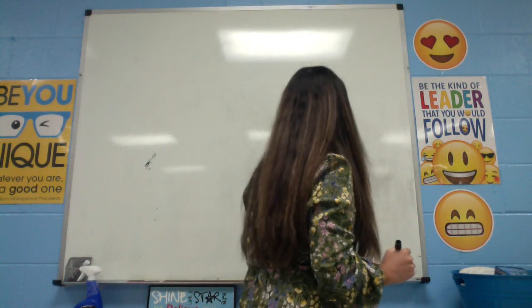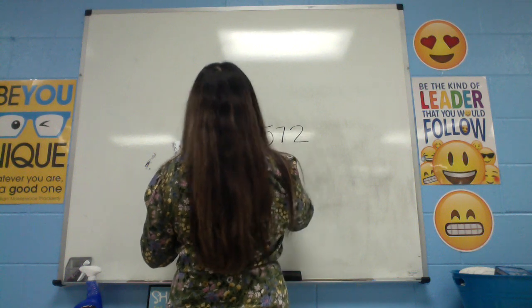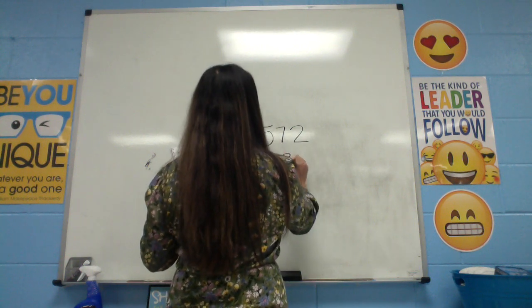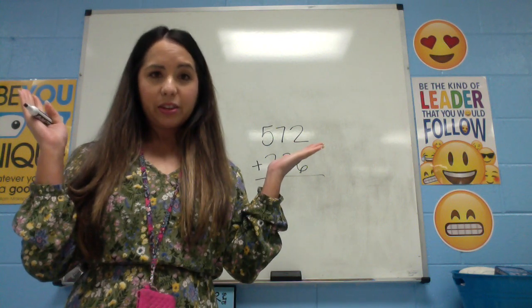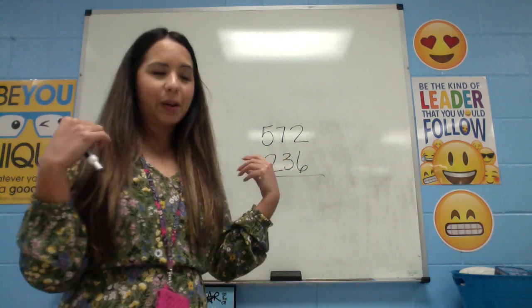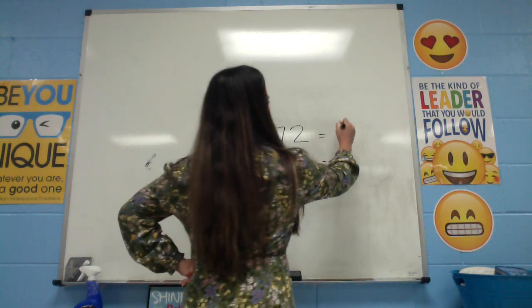Now, here is an example of the break-apart strategy. 572 plus 236. The break-apart strategy is basically you take the numbers and you put them into expanded form, just like this. So 572.